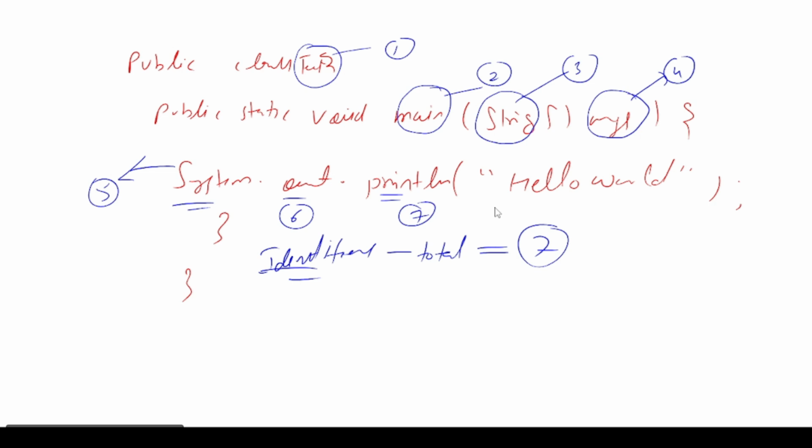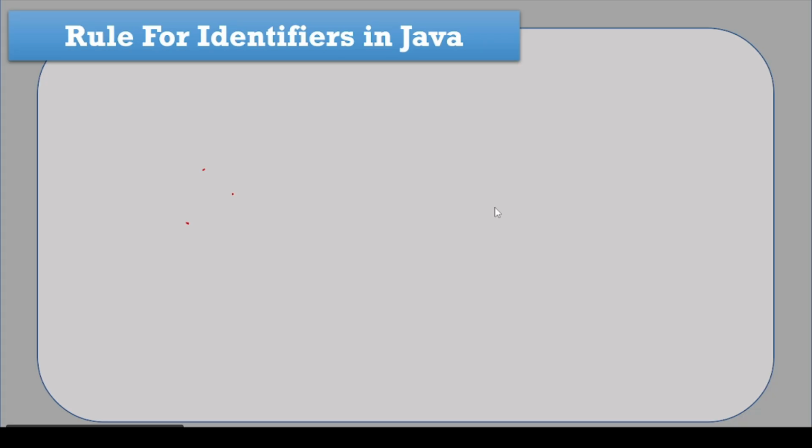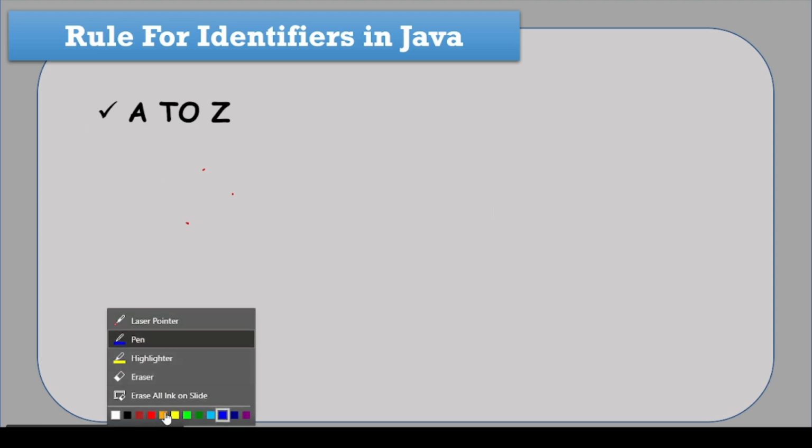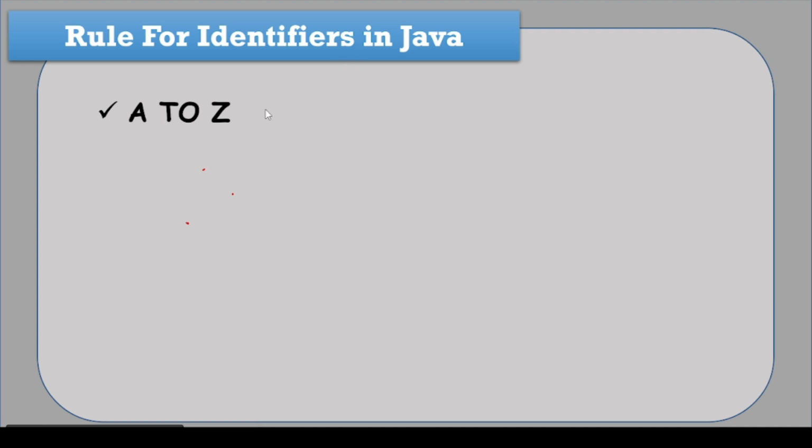Do we have any rules and regulations to declare an identifier in the Java program? Yes. Rules for identifiers in Java. The first rule is A to Z. We can take any name with A to Z characters, like num or Test, ABC, something.